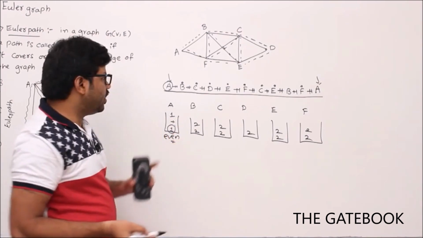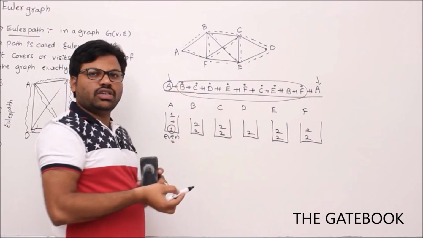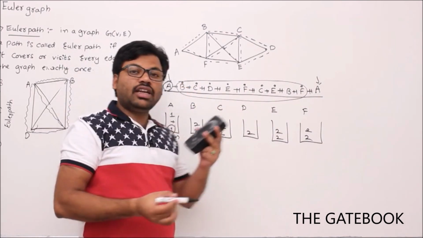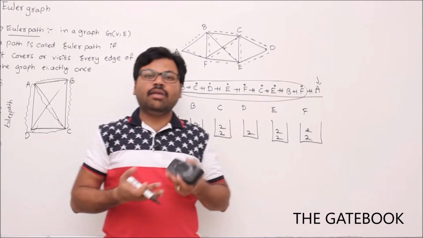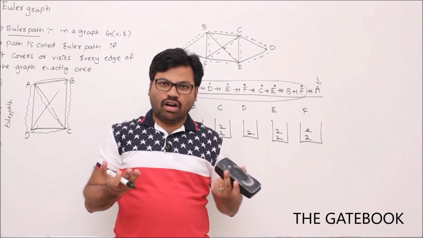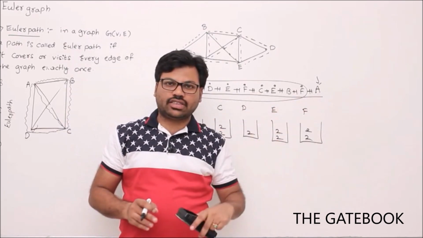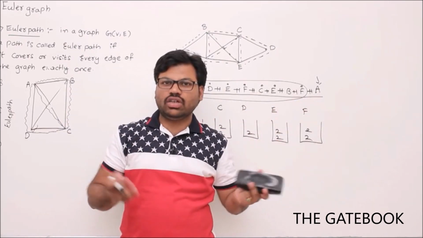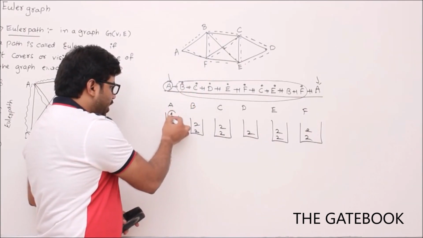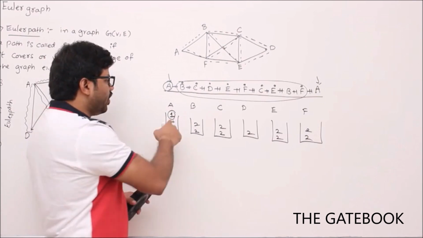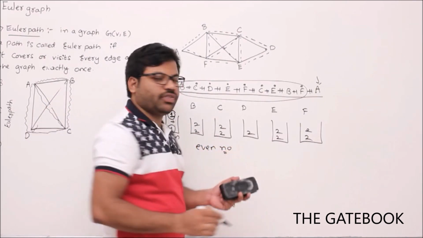So all these vertices definitely get even contribution. Generally end vertices won't get even contribution because end vertices get +1, so they get odd numbers, right? But whenever the starting vertex equals the ending vertex, when you form an Euler circuit, then you get two such +1s, which makes it an even number again. Then every vertex degree automatically becomes even. So these are the two observations.